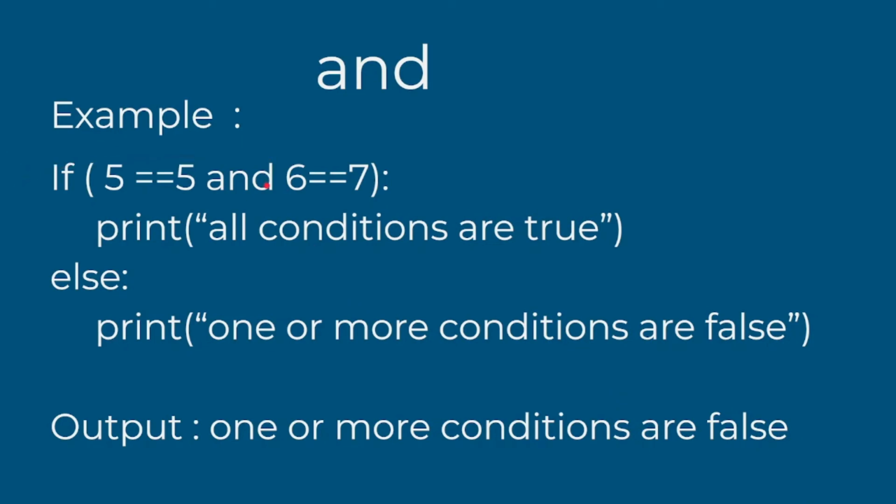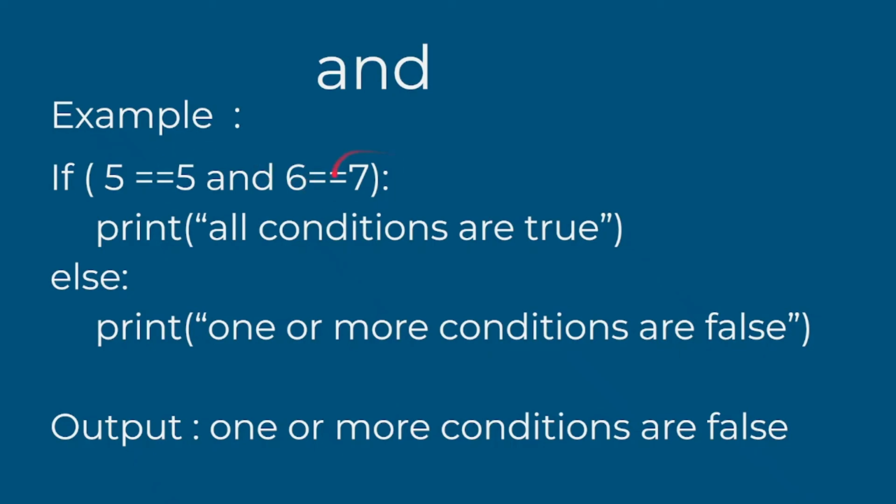Here you can see we have used AND keyword here. That means if both the operands are true, then only the if part will execute. Otherwise, it will go to the else part. Because if both operands are true, then only conditions becomes true. Otherwise, the condition becomes false. Now let's see. Here 5 is equal to 5. So this will evaluate to true.